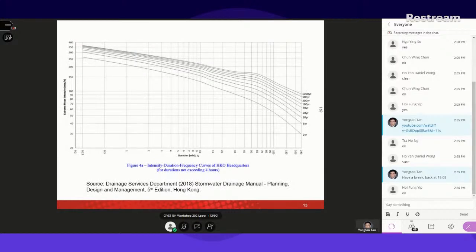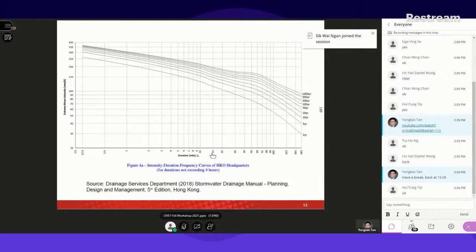Okay, now this figure is from the Drainage Services Department, the stormwater drainage manual. I think this is the updated version, the 2018 version. It's called the IDF curves: intensity, duration, and frequency.